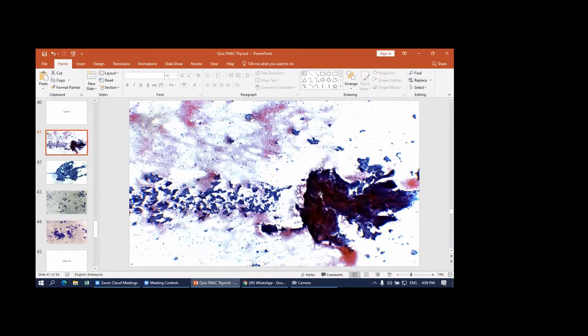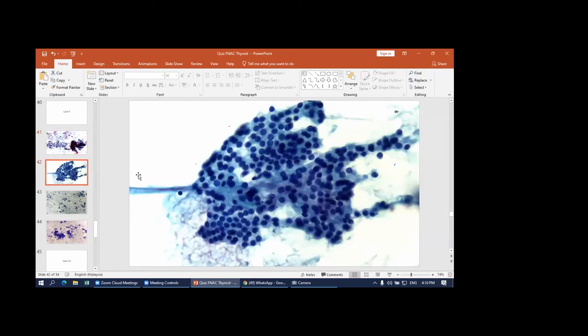The one who taught me how to use this is my supervisor back in Sydney, Prof. Andrew, who said that if there's a spaceship, there must be a mini spaceship that follows the spaceship. But the cells do not have nuclear features that suggest papillary carcinoma.